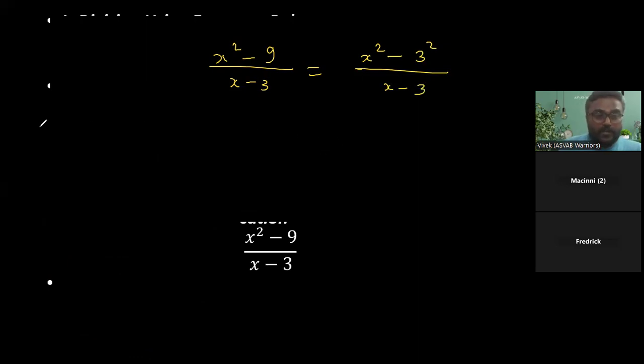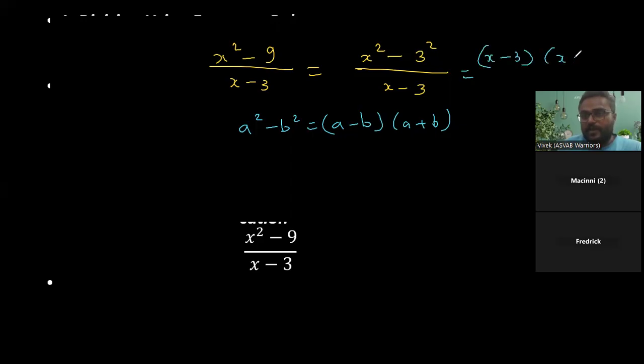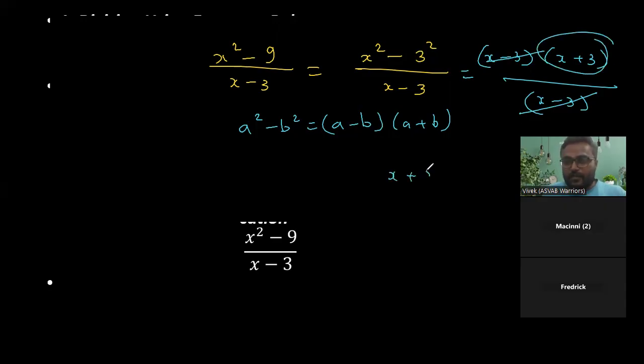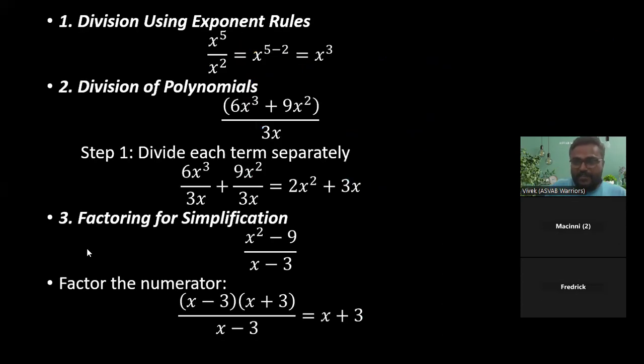Now if you remember the identity, a squared minus b squared is equal to a minus b times a plus b. So I can simply write this as x minus 3 times x plus 3. And what is in the division? x minus 3. Now I can cancel the complete factor out. What is remaining? x plus 3 is remaining, and that is your answer.